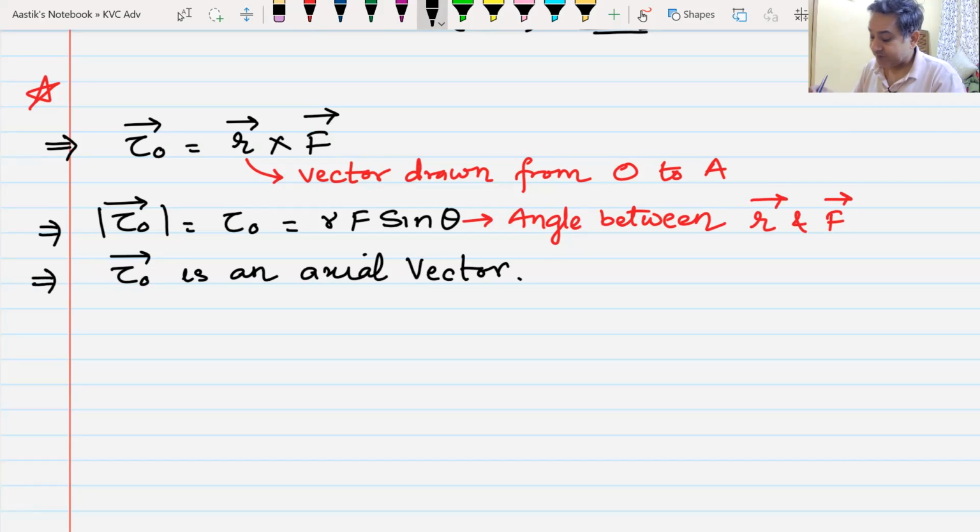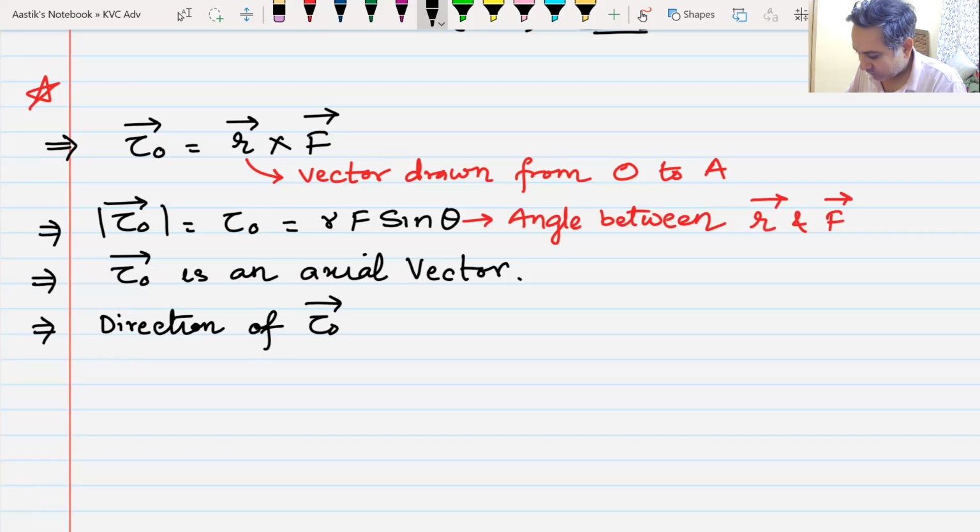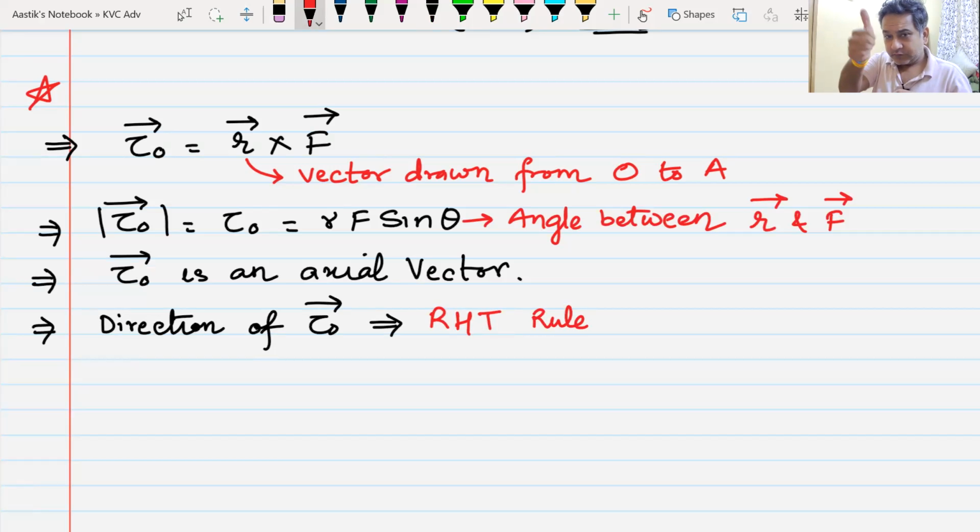Tau is an axial vector. The direction of tau is given by which rule? Do you know this right hand thumb rule? Yes or no? Yes, sir. Right hand thumb rule. The direction of tau naught is given by the right hand thumb rule.